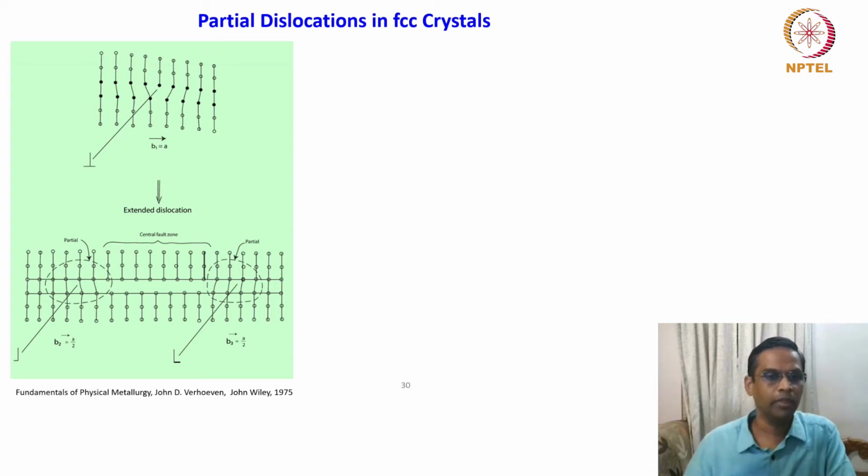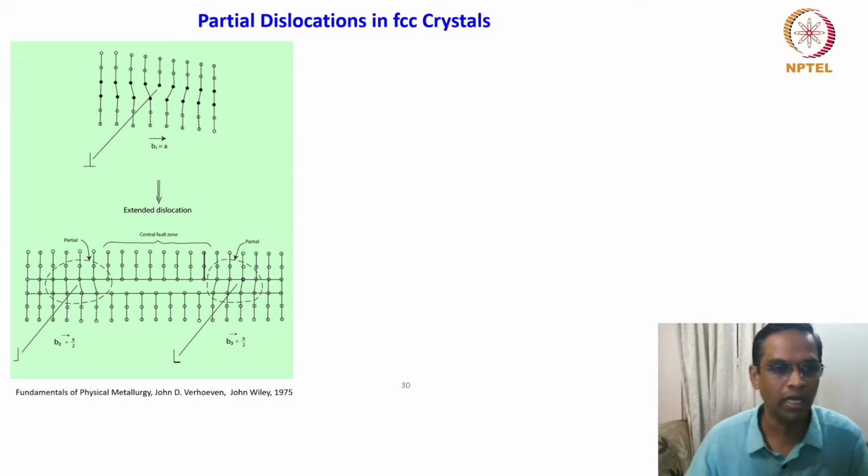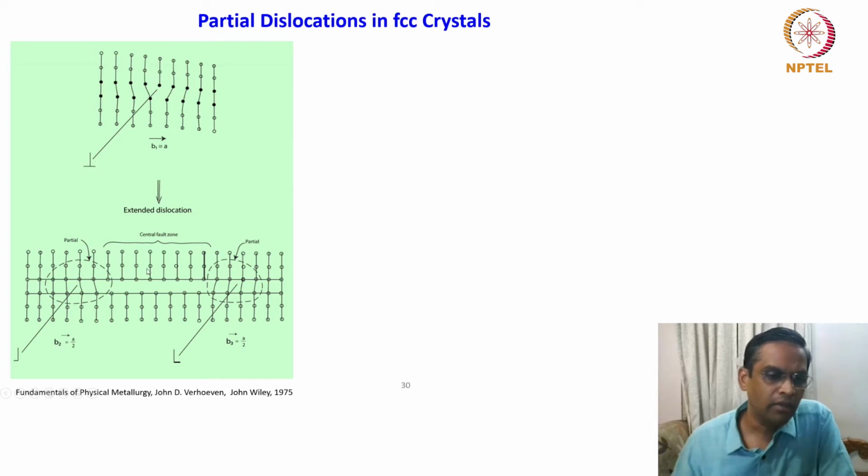Usually people just show the Burgers vector dissociation reaction and are done with it, and very rarely do we come across this kind of pictorial representation, which is, in my opinion, very important to get a grasp of what partial dislocation means.